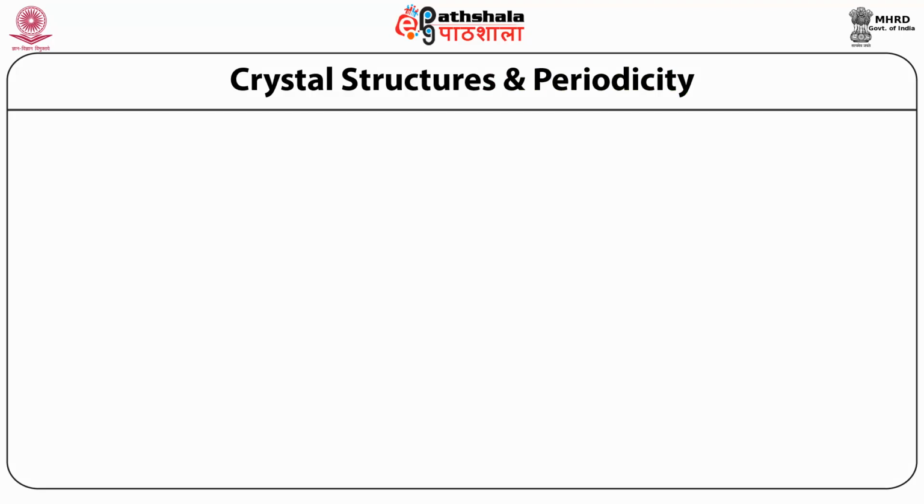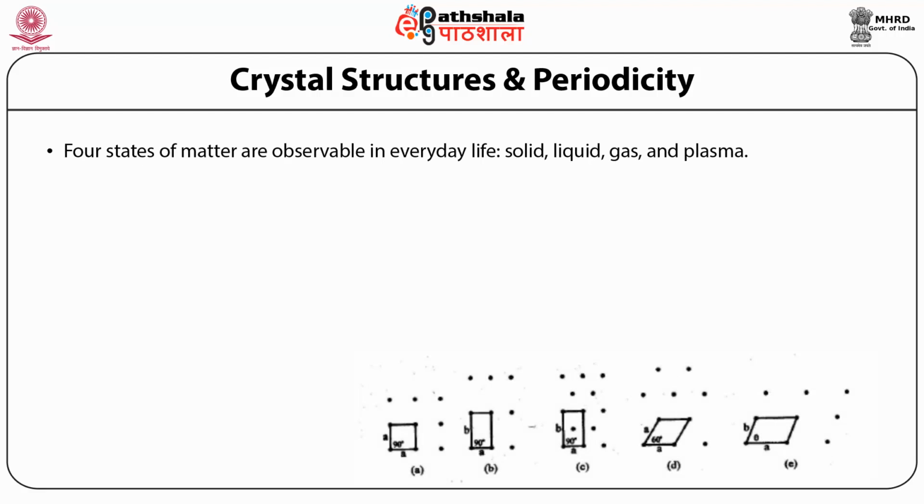I want to discuss the crystal structure and periodicity. As you know, in physics, a state of matter exists in one of the distinct forms. Four states of matter are observed everywhere in life, for example solid, liquid, gas and plasma. In a solid, the particles, which may be ions, atoms or molecules, are closely packed together.